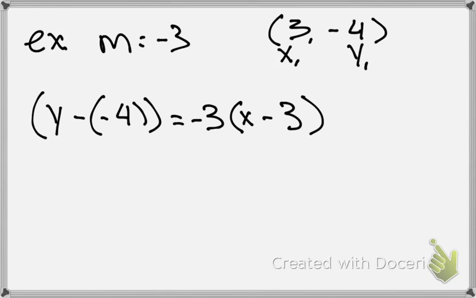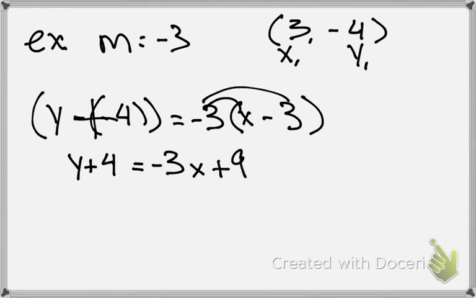Now I can simplify this a little bit. My left side will turn into y plus 4 because I am subtracting a negative. Then I can simplify my right side, which turns into -3x plus 9. So then I'm just going to subtract 4 on both sides, which leaves me with y on the left.